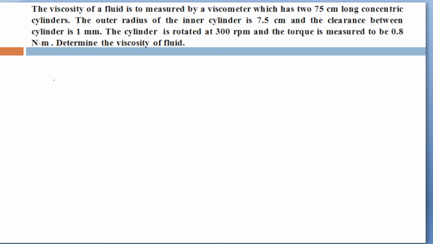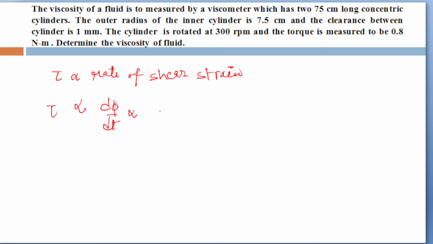So viscosity is the internal resistance between two layers of the fluid, and the shear stress tau is directly proportional to the rate of shear strain, d phi by dt, which is also proportional to the velocity gradient, du by dy.